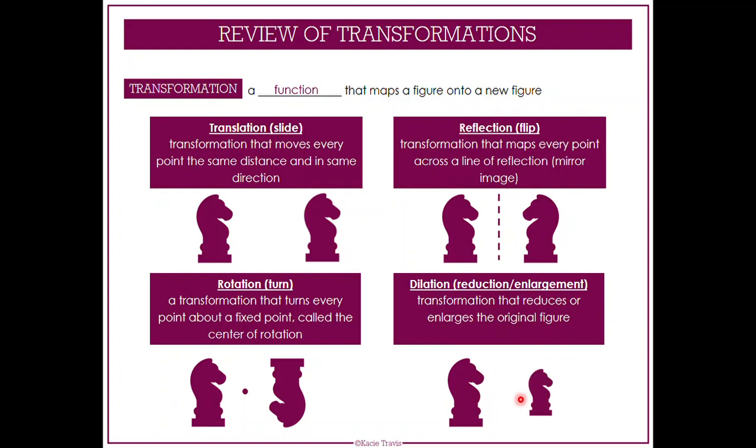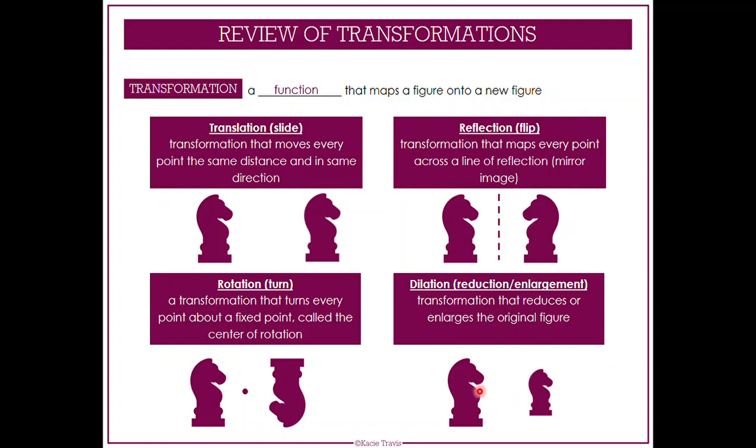Now, this dilation here, it went from being a large one to a small one. Now, this is the only one of these four transformations that changes the size of it. All the rest of these, if you notice, are around the same size as the original one. So keep that in mind. This can either go from being big to small or small to big. Depends on what we're looking at, okay?